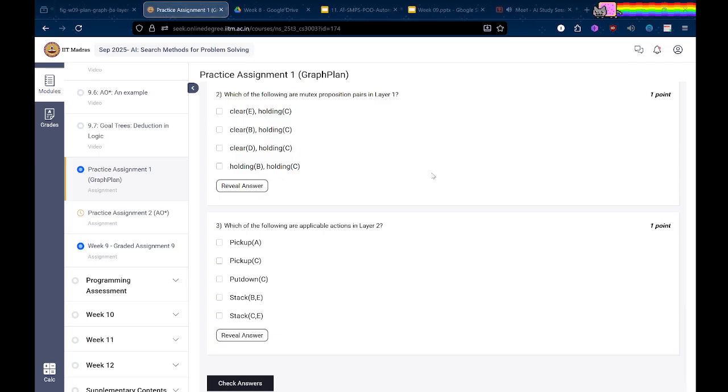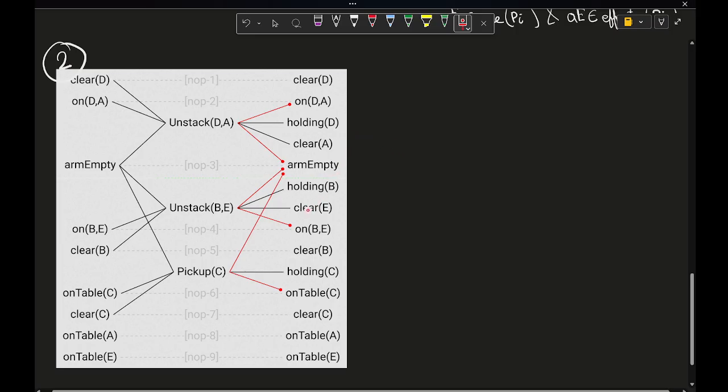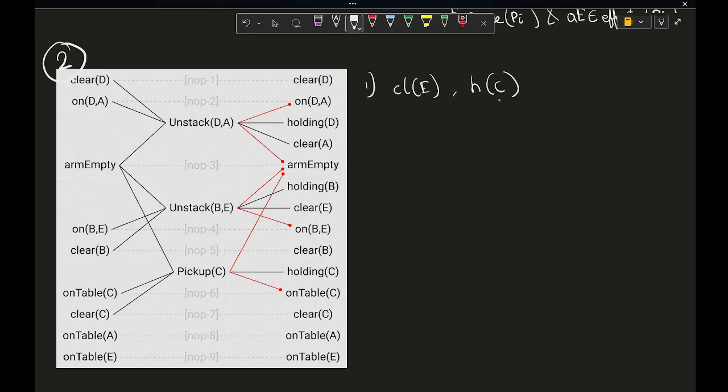Okay, next thing. So clear E and holding C. Clear E, holding C. These two. Let's say that we are talking about clear E and holding C. So what we need to do is check all actions that have these as positive effects, and check whether these actions are pairwise mutex or not.